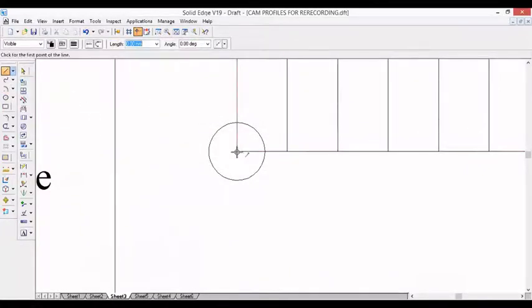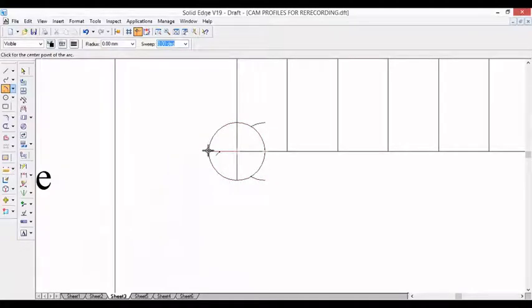I draw a horizontal line at this junction and a vertical line at this junction. Now keep the compass leg at this intersection. Take radius 5.57, which is the radius of the rolling circle, and cut the circle. Keeping the same center and same radius, 5.57, cut this side also.